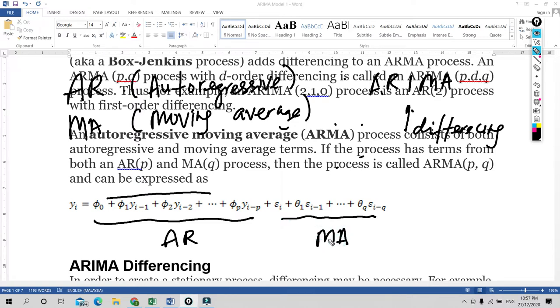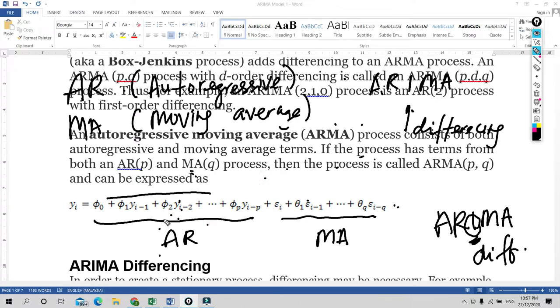We normally refer to the AR model when we want to conduct ARIMA. When you do differencing on this model, the model becomes ARIMA.